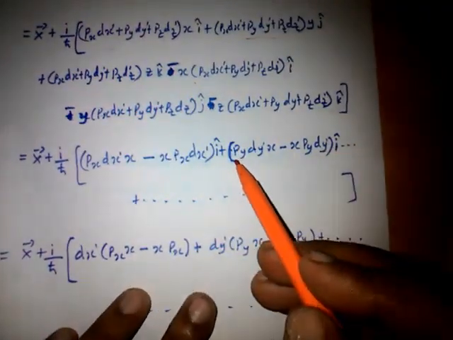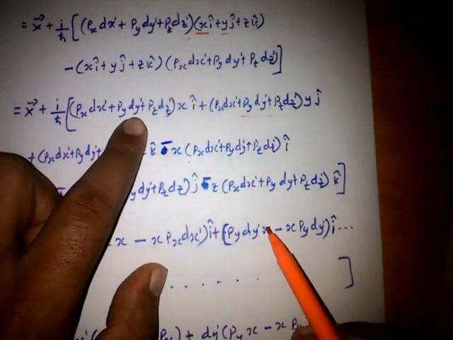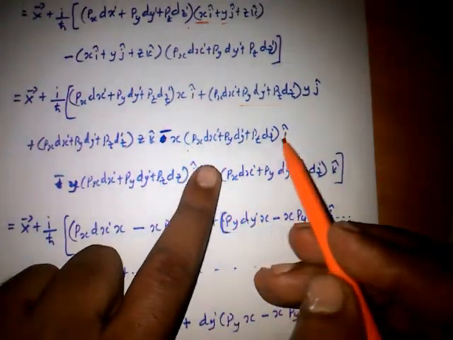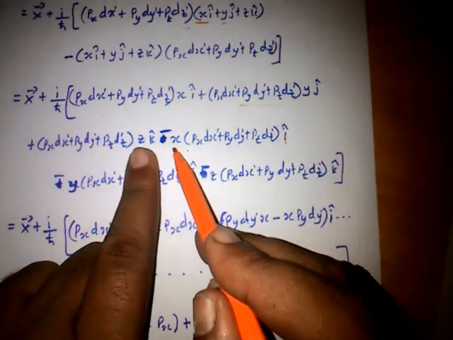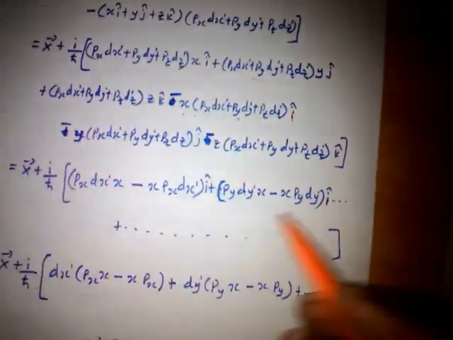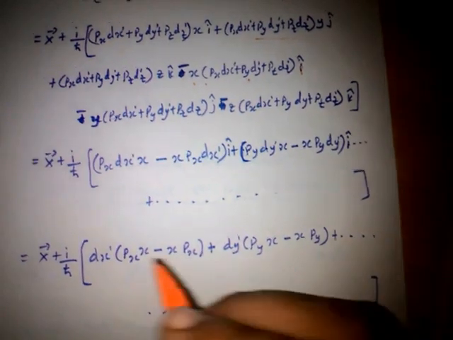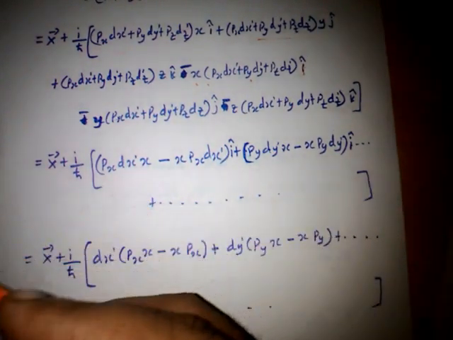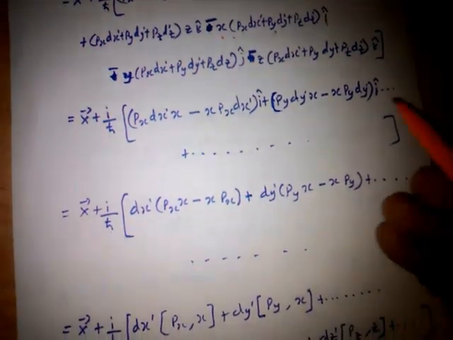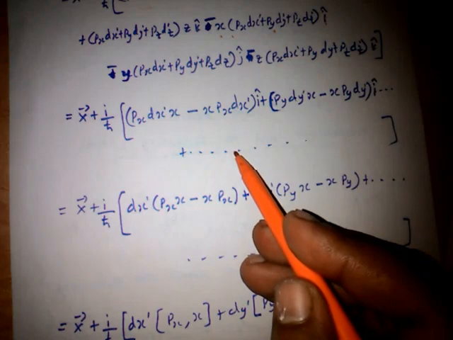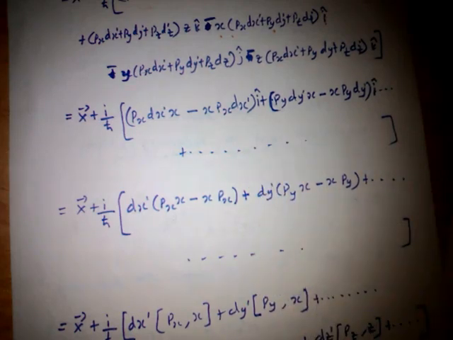Then plus another second term py dy' x j minus the next term with the x component, x py dy', like that we are taking. I am not writing the whole steps because it's too lengthy, so you have to derive the steps by yourself.